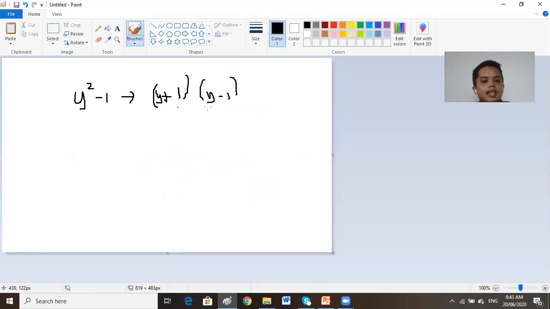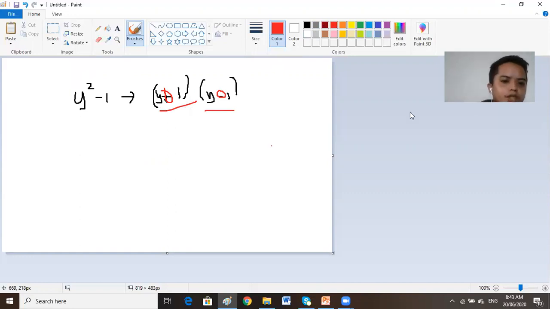So this is plus and minus. The same first term, the same second term, but it matters only on the sign, the plus and the minus.